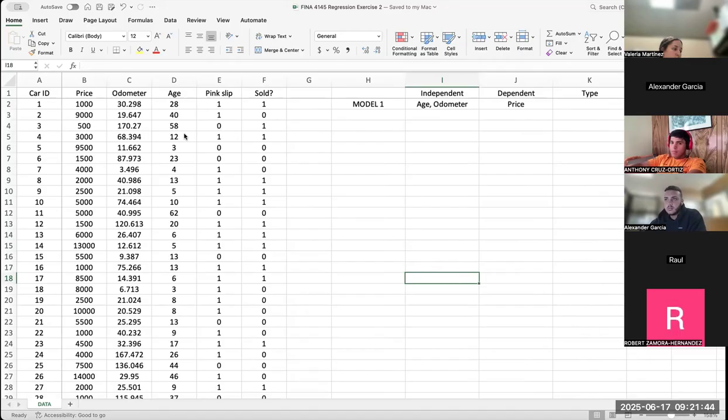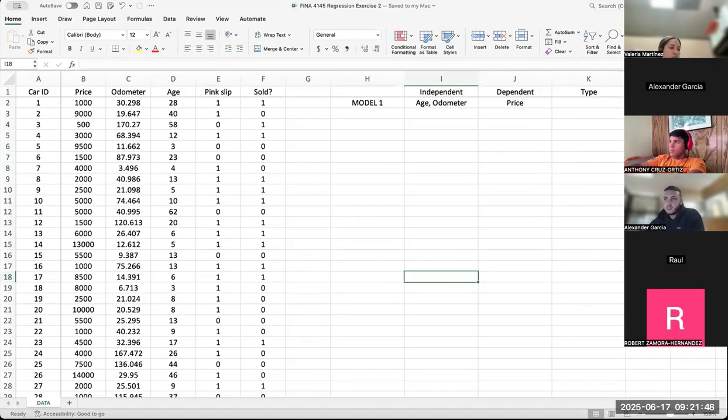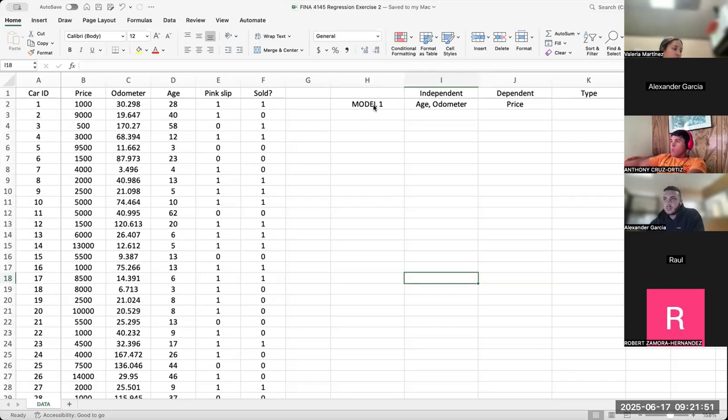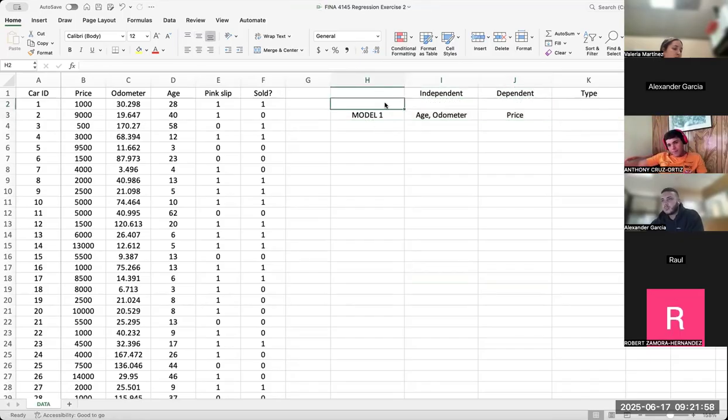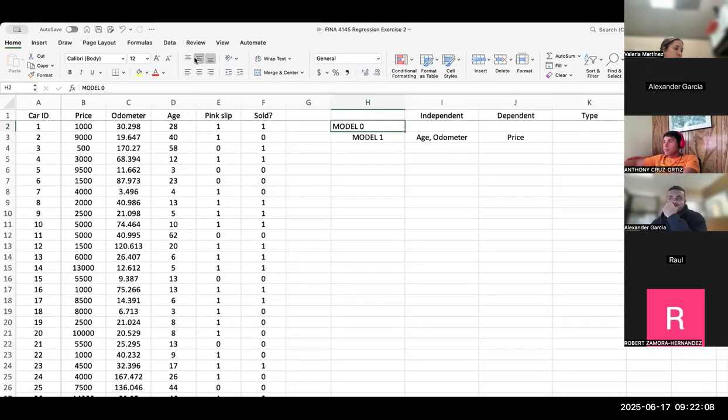So what we're going to model now is using that regression analysis and the data tool. Our first model actually was, let's put the first one in, but I called it model 0 because it's not one of our major models, the ones that you need to submit. So all we did there was odometer and price.